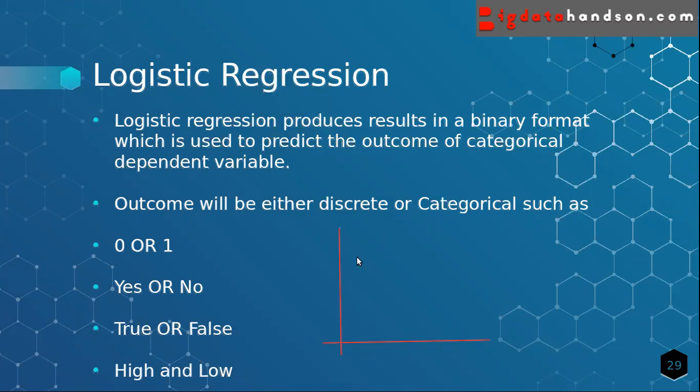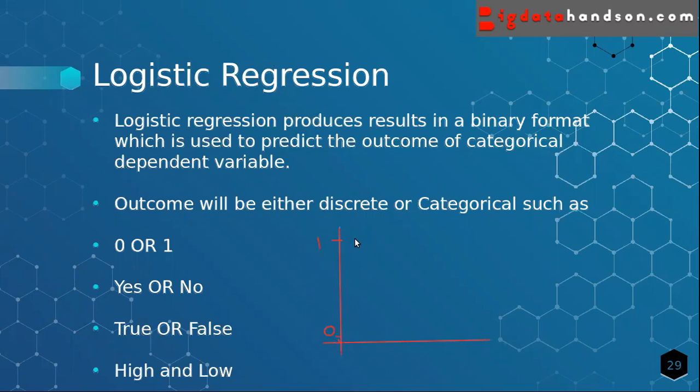Here, for example, we have 1 or 0. Let's take this is 1, and this is 0. So we draw some points.